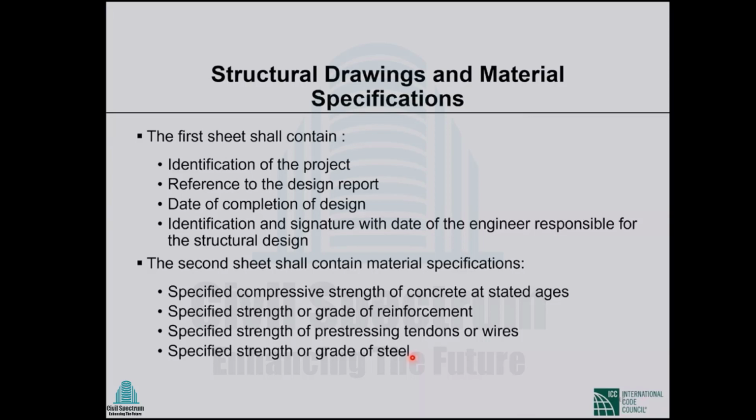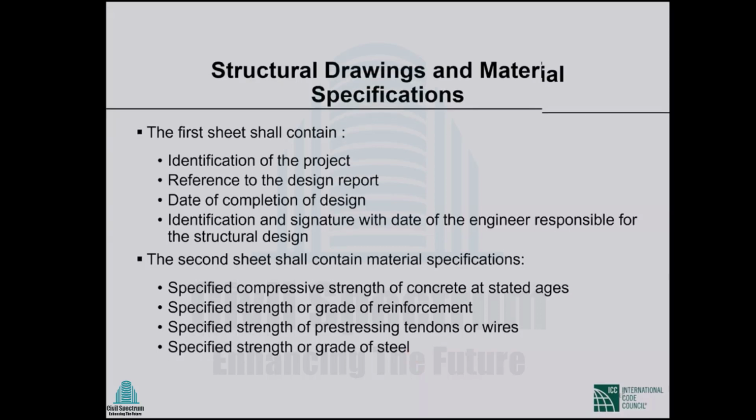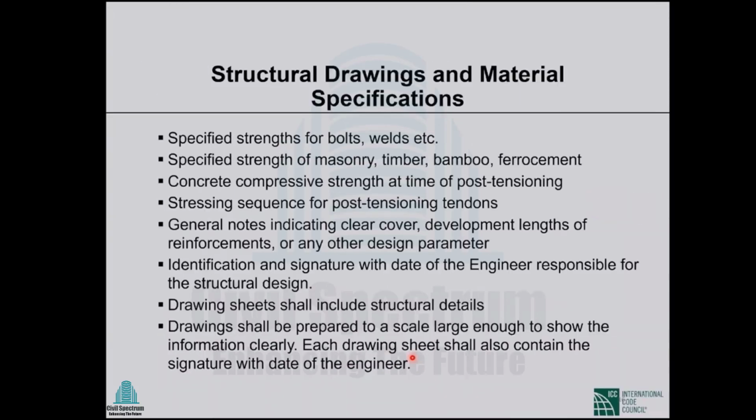Specified strength of pre-stressing tendons or wires, if there is any pre-stressing. Specified strength of or grade of steel. This steel is actually structural steel if you use any joist or channel sections. So what is the grade of that steel? Specified strengths of bolts, welds, etc. Specified strength of masonry, timber, bamboo, ferrocement.